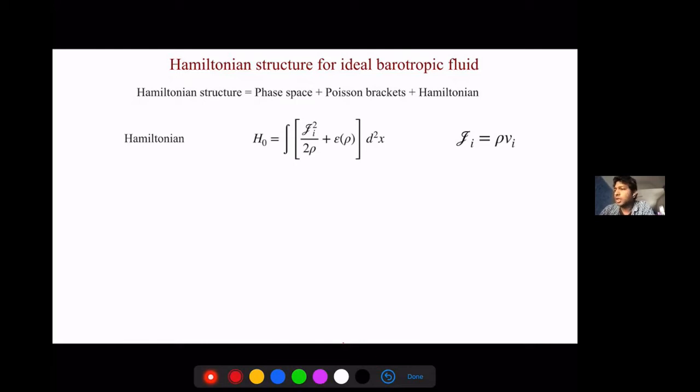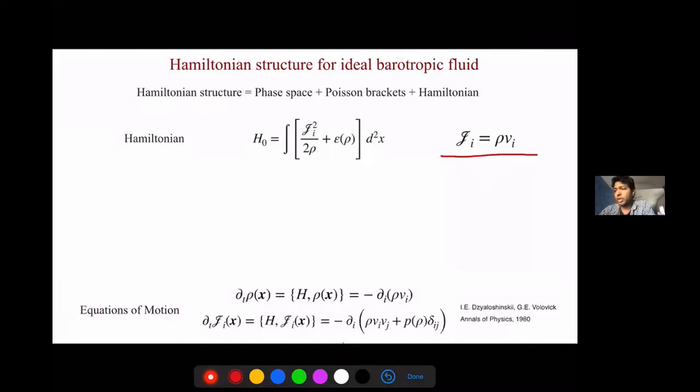Notice that I'm changing the notation slightly to make contact with the canonical form. I'm going to introduce what I call the momentum density, this script J, which is given by rho V_i. And if you substitute this, the kinetic term is just J squared over two rho. Okay, so this is the Hamiltonian. I know it from my conserved energy density.